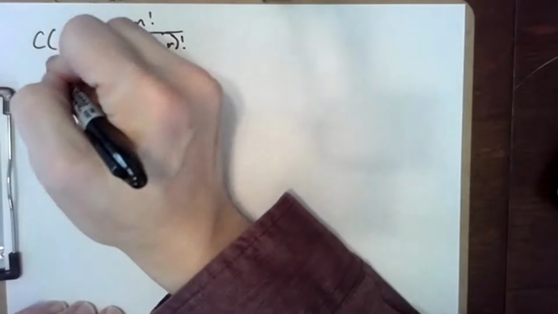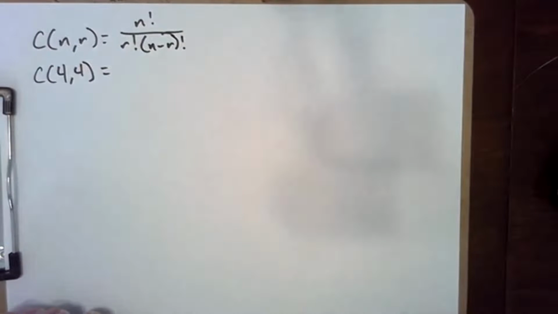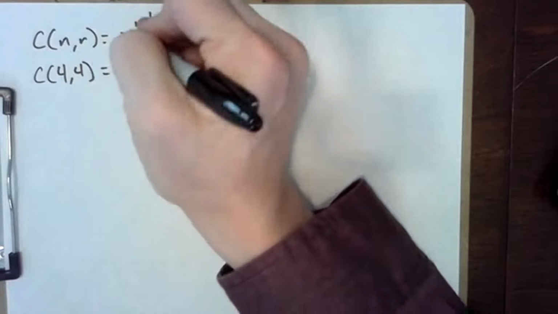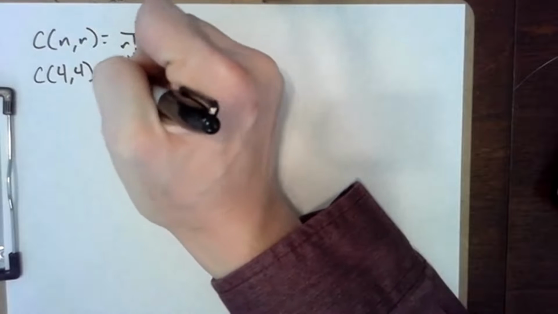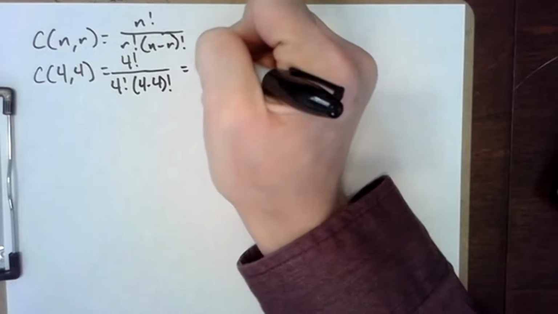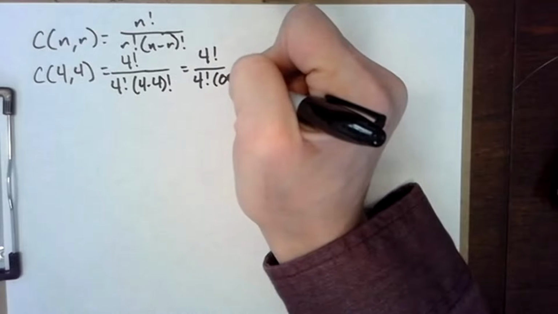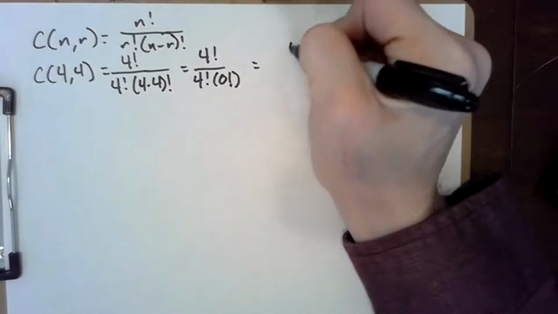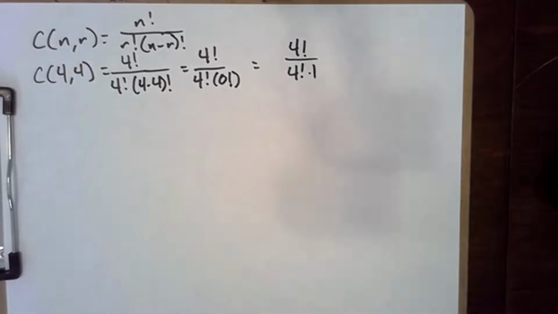So here, we're asked to find C(4,4). Okay, so that's going to be 4 factorial over 4 factorial times (4 minus 4) factorial, which is 4 factorial over 4 factorial times 0 factorial, which gives us 4 factorial over 4 factorial times 1, because 0 factorial is 1.